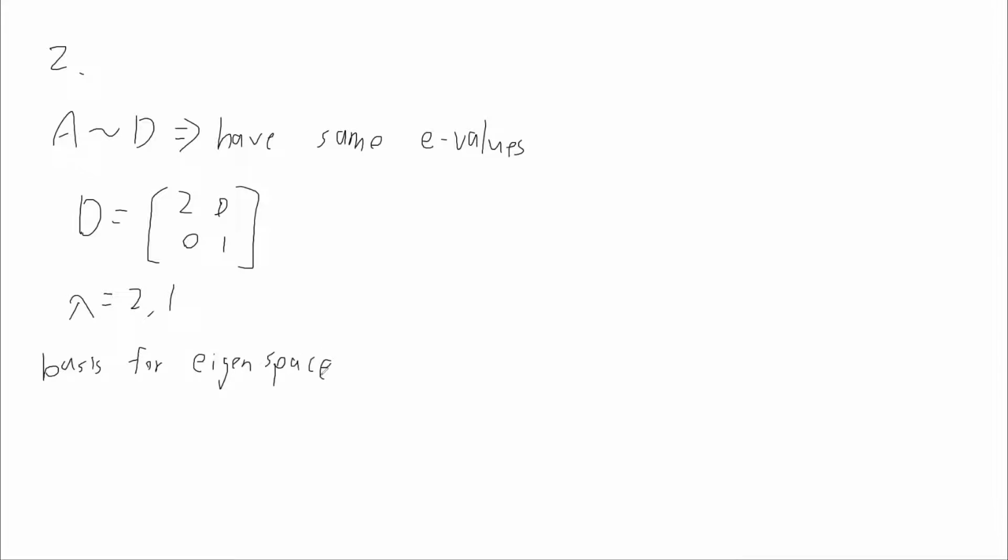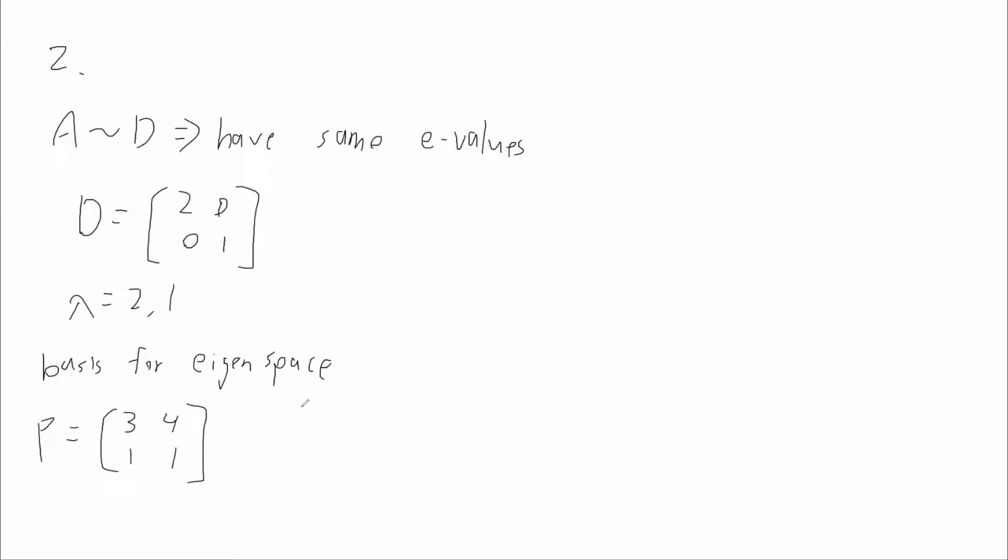Right, and then if you recall back to theorem 5, we know that the columns of P are linearly independent eigenvectors, right? So P is the matrix 3, 4, 1, 1, right? So each of these columns is going to be linearly independent eigenvectors, right?